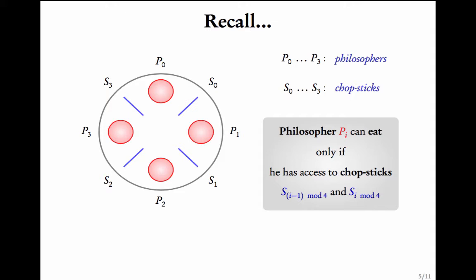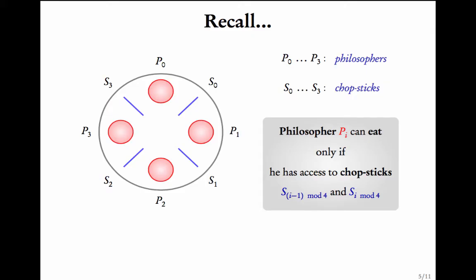How do we use GF? Let us now finally recall the dining philosopher's problem with which we started in module 1. We had philosophers and sticks. A philosopher can eat only if he has access to both the sticks on his sides.